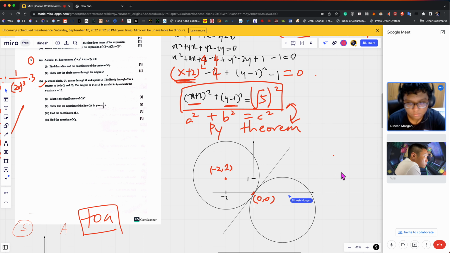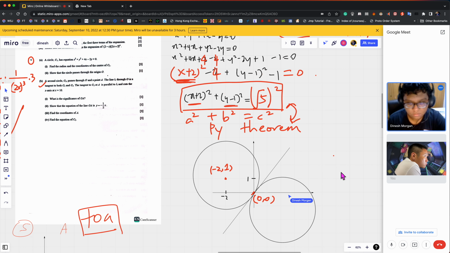And then the distance is just Pythagoras theorem. Or you can put this into the equation of circle. This is where the Pythagoras theorem comes in.